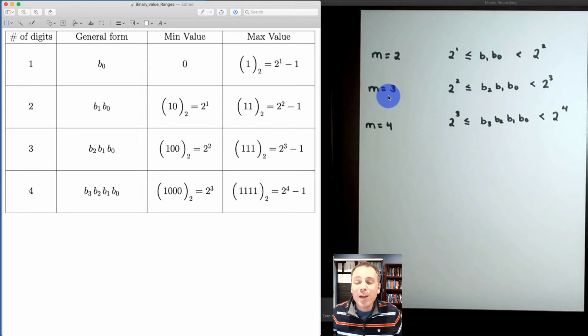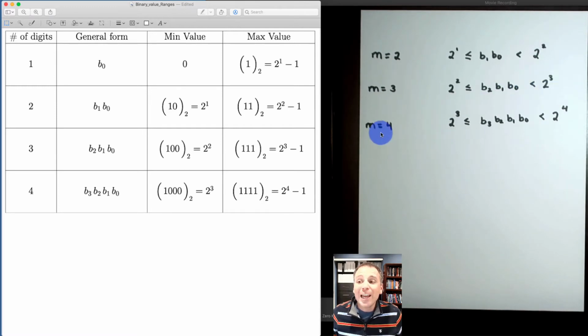If we have 3 bits, notice we're bounded below by 2 squared, because the smallest number that requires 3 bits is 1, 0, 0 in binary, or the number 4. And then we know the largest 3-bit binary number is going to be 1, 1, 1, which is 7. So 3-bit binary numbers start non-trivial at 4, go up to 7. In other words, these 3-bit binary numbers are definitely less than 2 to the third, which is 8.